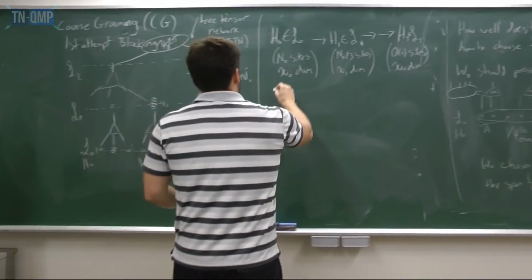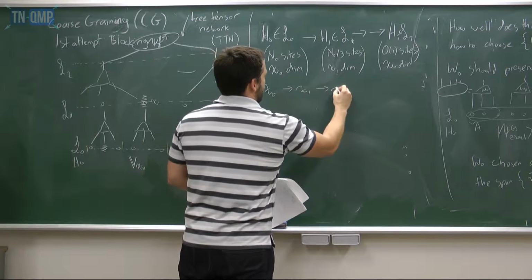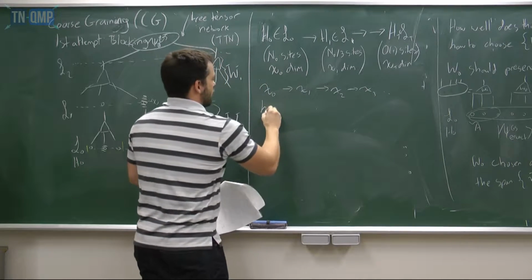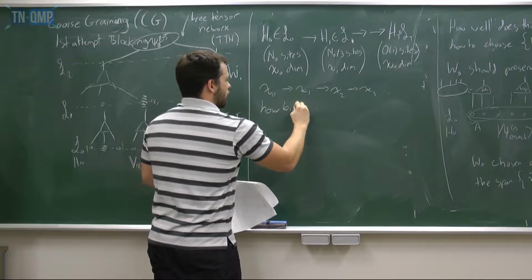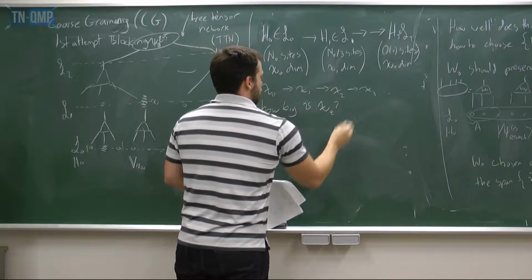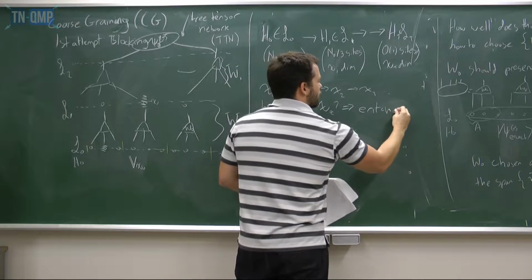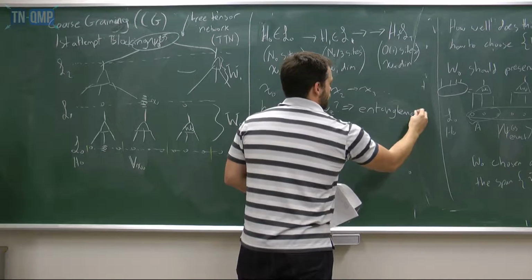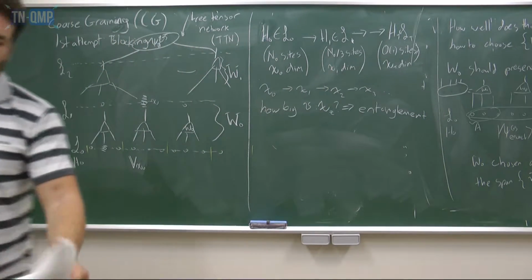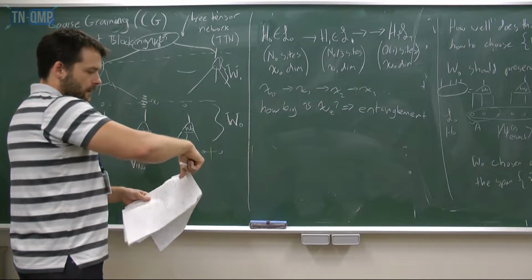So we have some chi naught, chi 1, chi 2, chi 3, etc. So how big is chi z? Again, this relates to a question of entanglement, so that we can at least address the scaling in some very generic way.